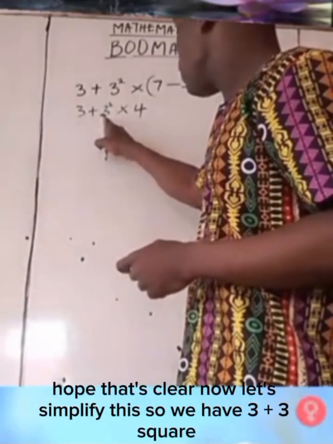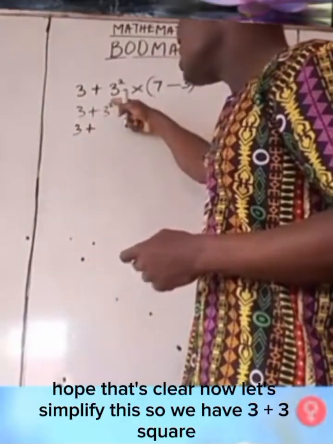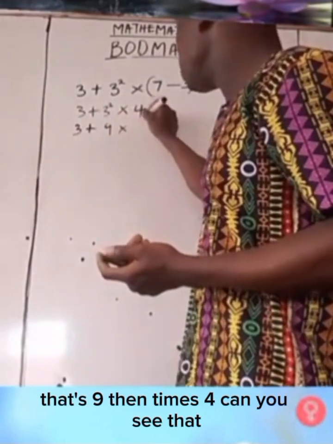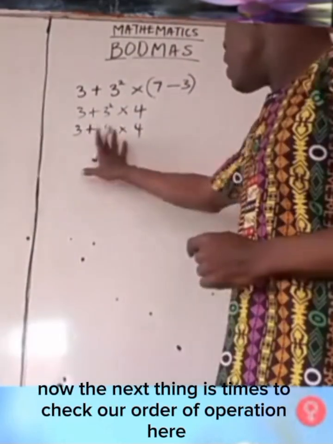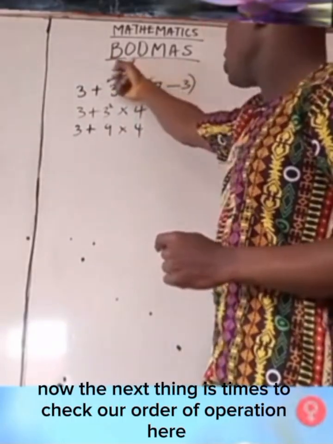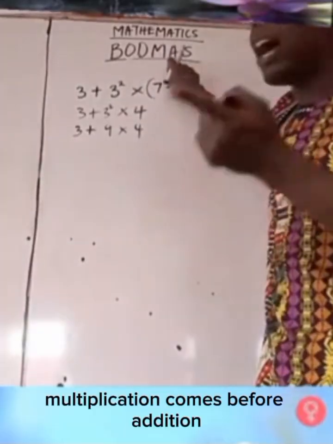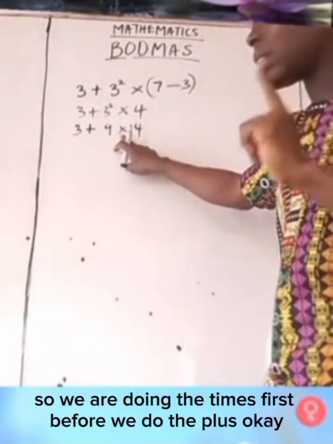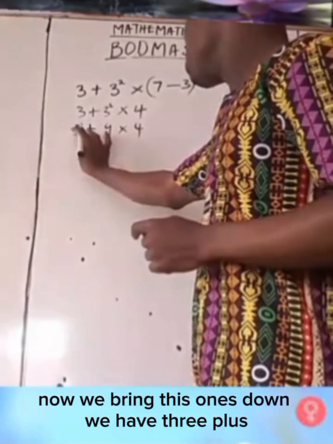Now let's simplify this. We have 3 plus 3 squared, that's 9, then times 4. Can you see that? Now the next thing is times. If you check our order of operation here, multiplication comes before addition. So we are doing the times first before we do the plus. Now we'll bring these ones down.